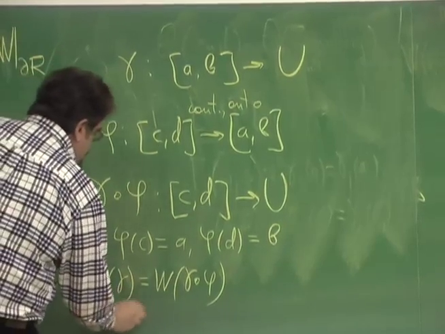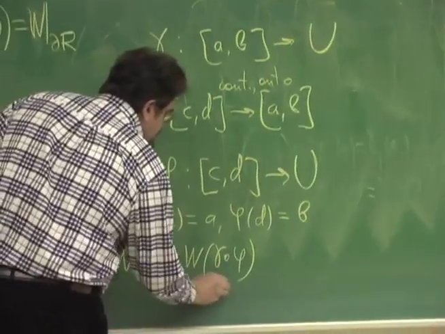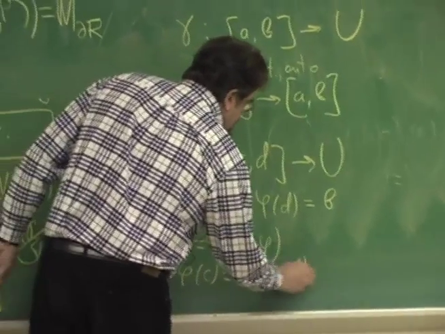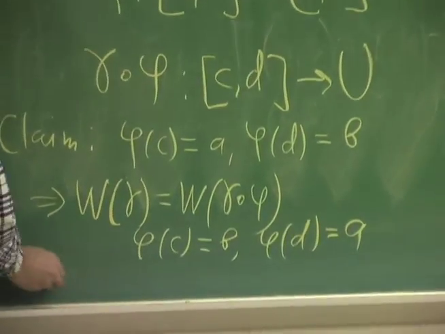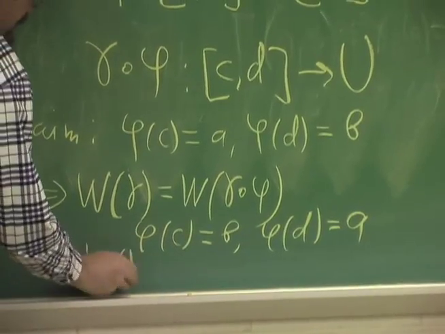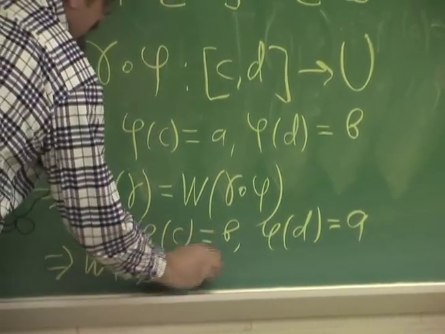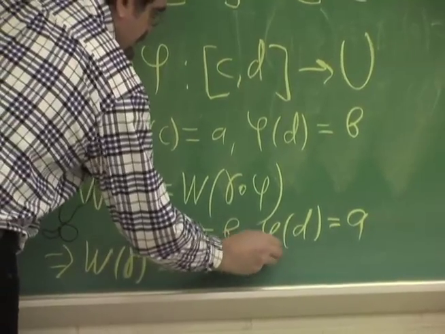And if phi of C is B and phi of D is A, if it changes the order, then the winding number of gamma is minus the winding number of gamma phi.